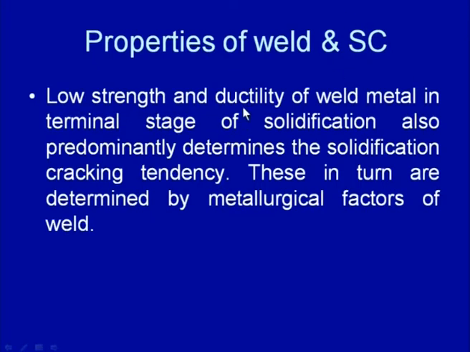As far as the properties of the weld metal and solidification cracking tendency are concerned, low strength and low ductility weld metal, especially in the last stage of solidification, significantly increase the solidification cracking tendency. Therefore, efforts are always made to have reasonably good strength and ductility even at high temperature near the end of the solidification stage.